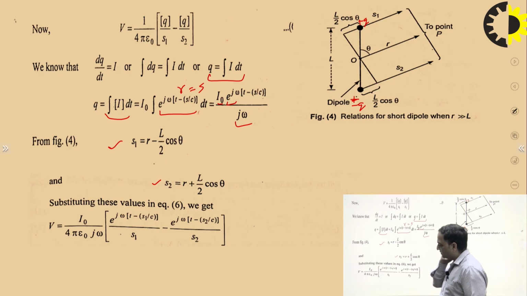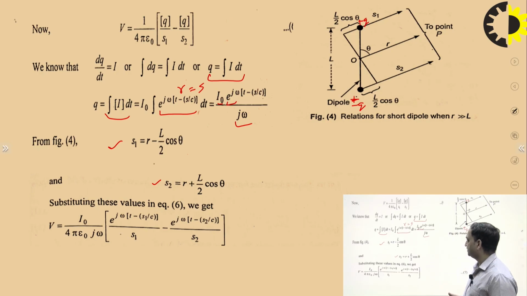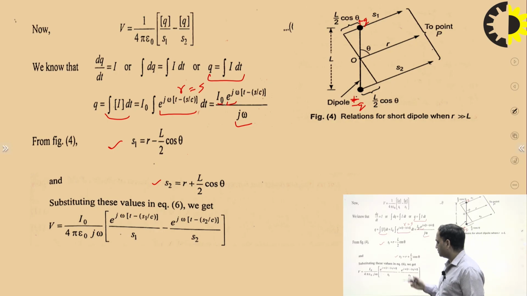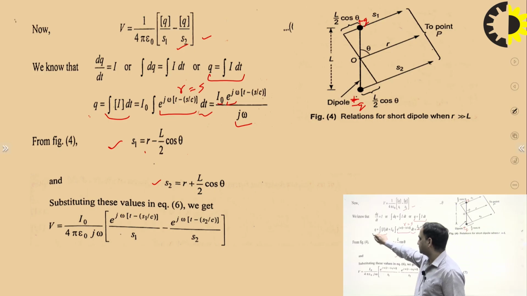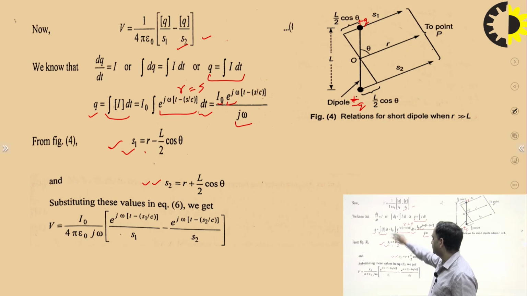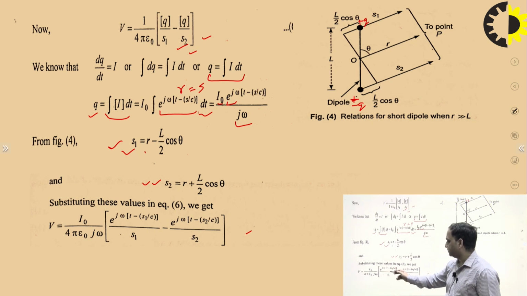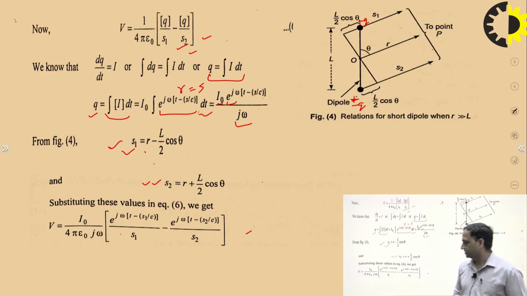So we will put the values of s1 and s2 and q into this equation, and the potential will be I naught upon 4 pi epsilon naught j omega, e to the power j omega t minus s1 upon c, upon s1, minus e to the power j omega t minus s2 upon c, upon s2. Okay, so this is the potential.